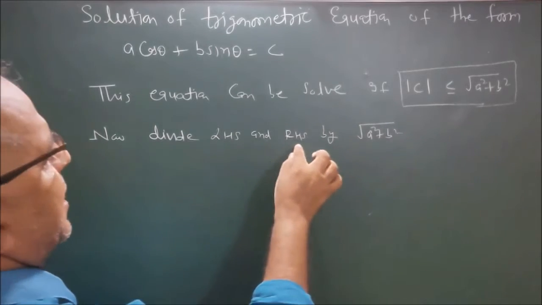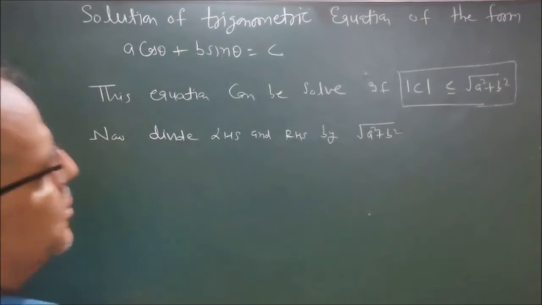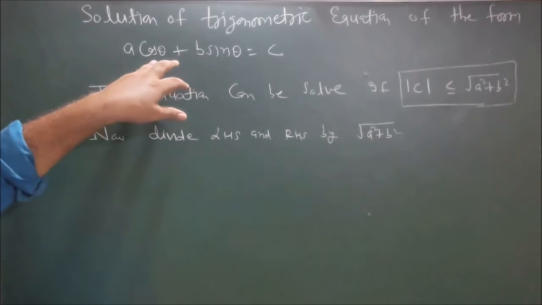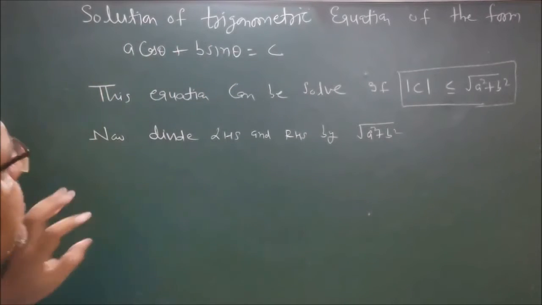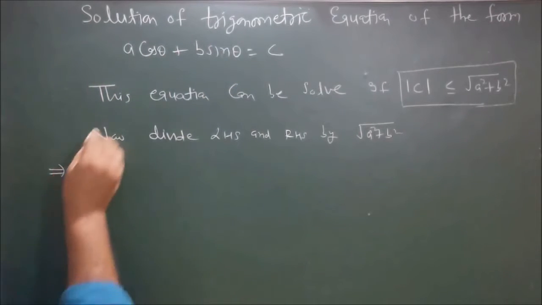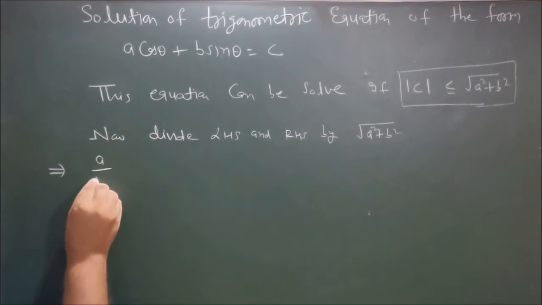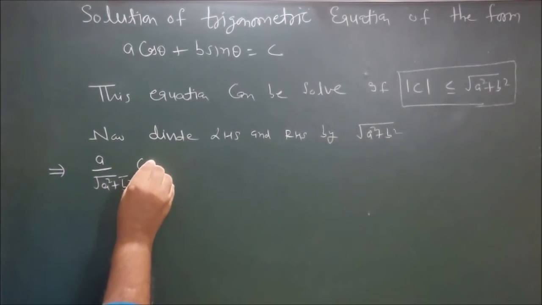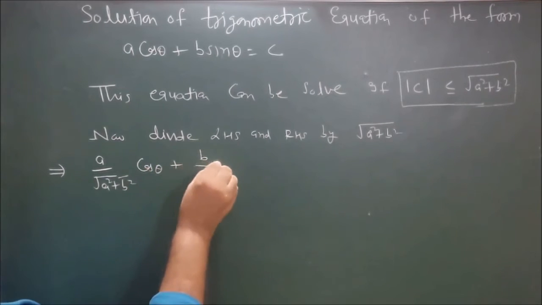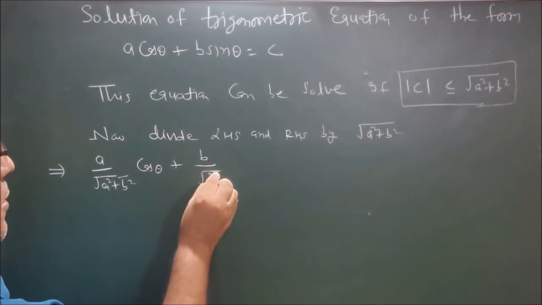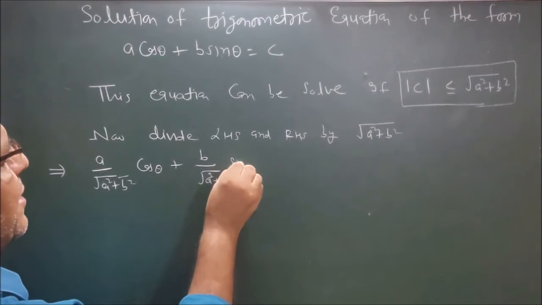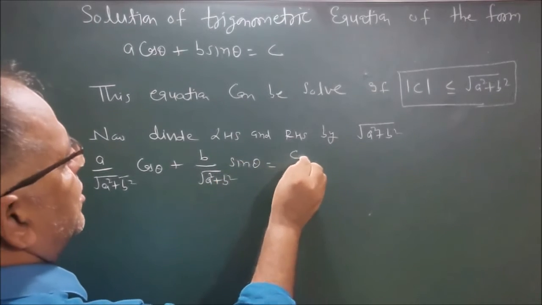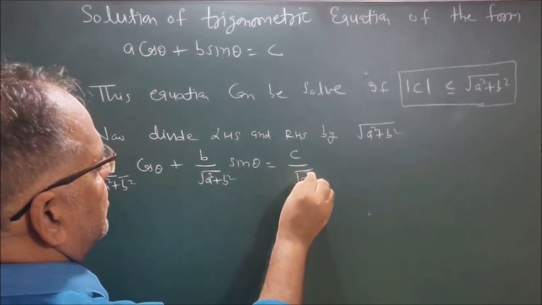Here a means coefficient of cos theta and b means coefficient of sin theta. So now the equation can be written as a upon under root of a square plus b square into cos theta plus b upon under root of a square plus b square sin theta equal to c upon under root a square plus b square.